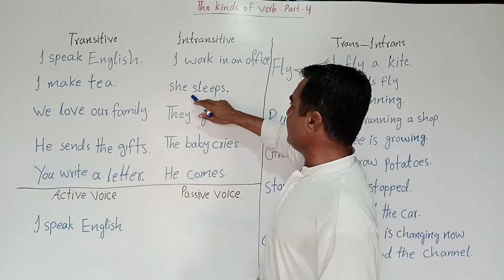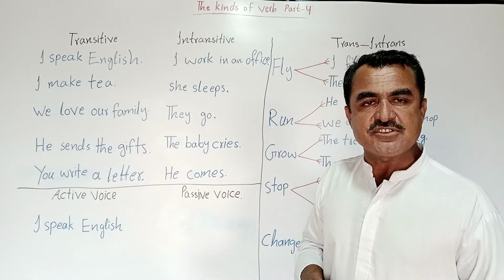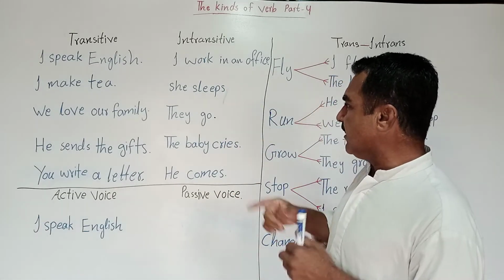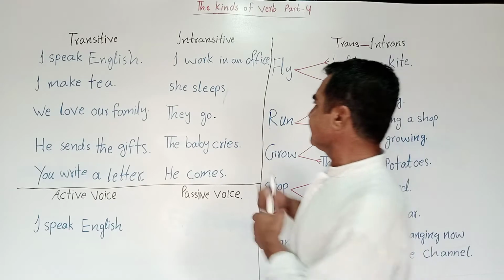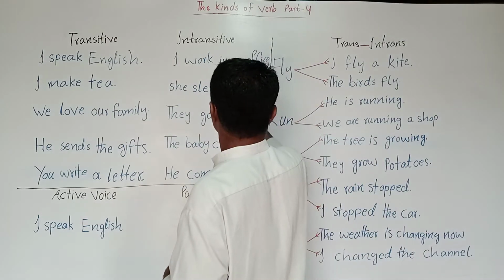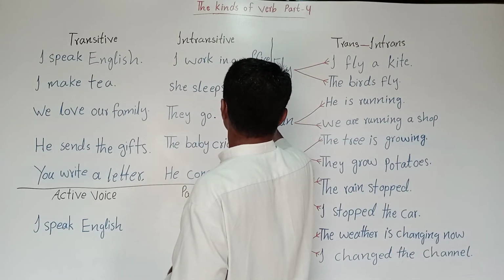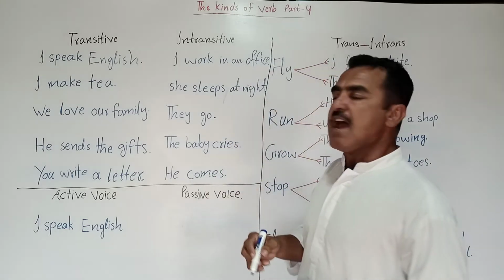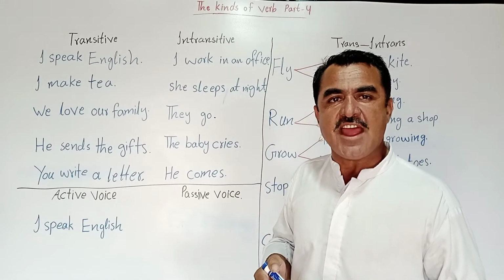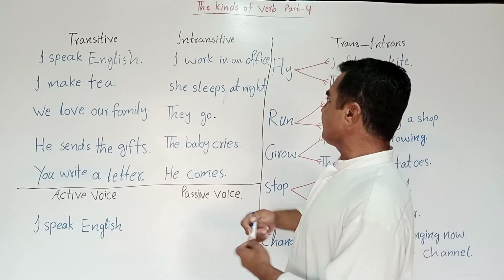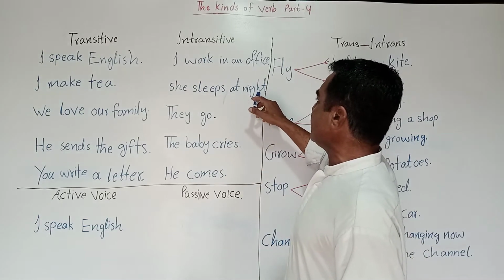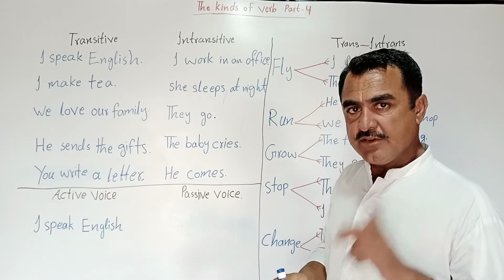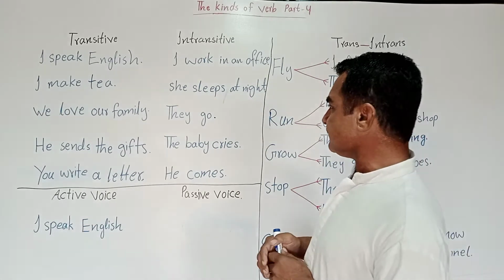Now here if we talk about this, she sleeps. If you want to add something in it like this, she sleeps at night. So now again this object is for this preposition, not for the verb. You must understand this.